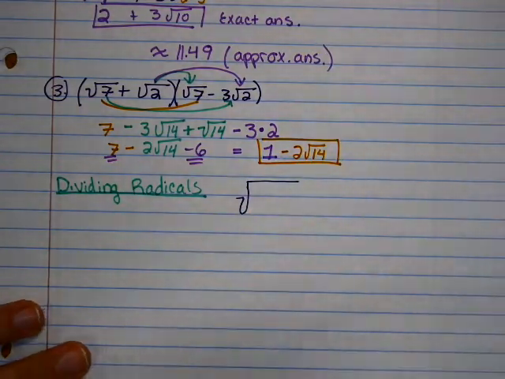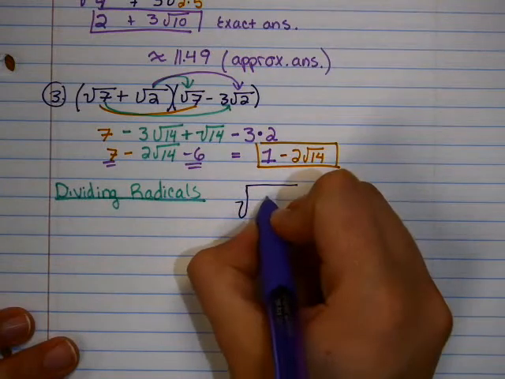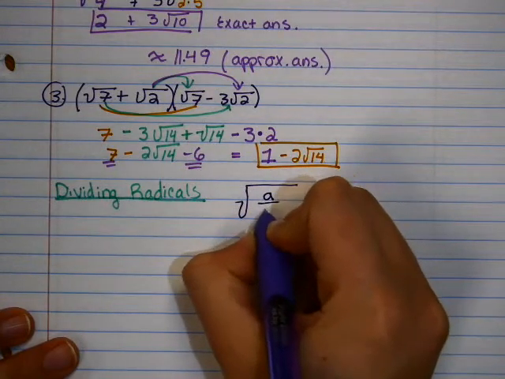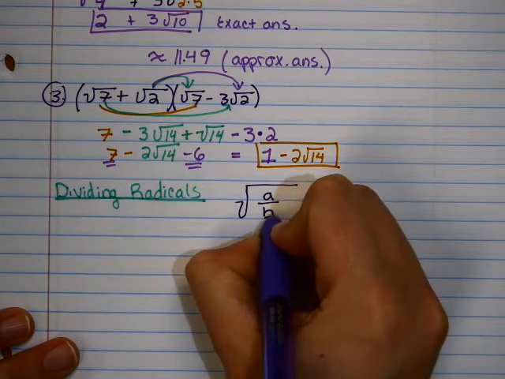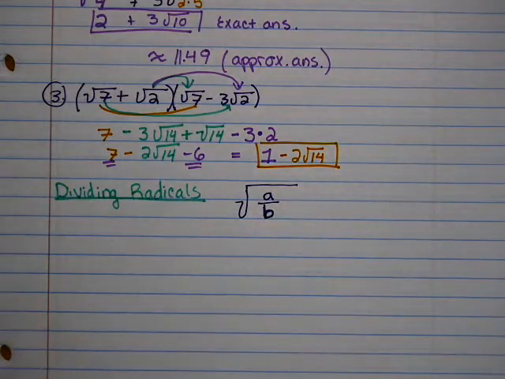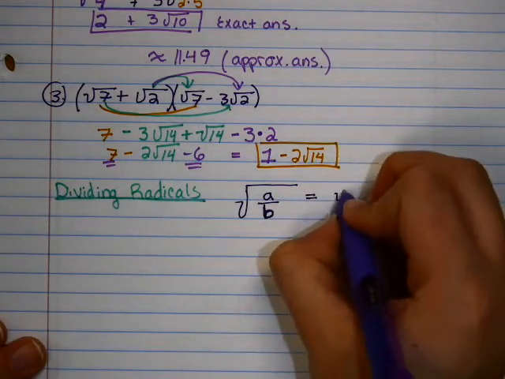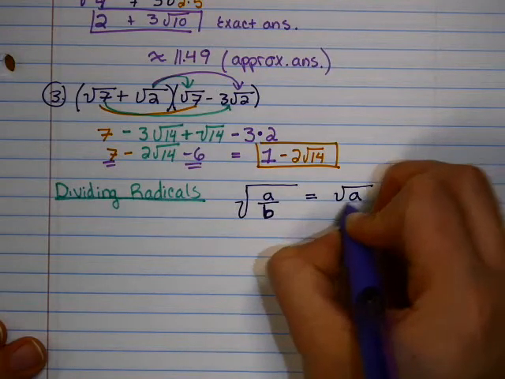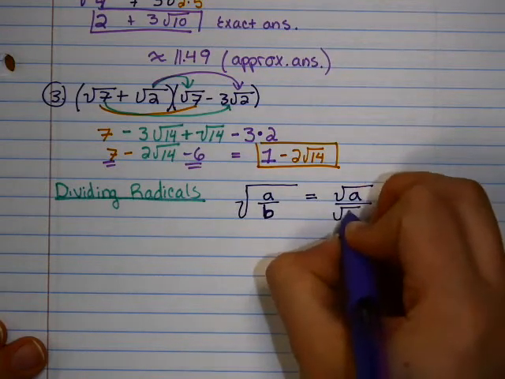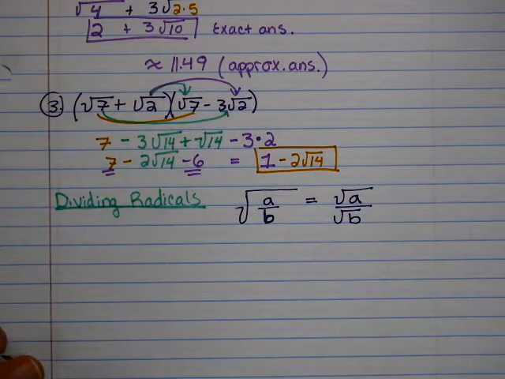So if I have a ratio or a fraction underneath a radical, right? So if I did a divided by b and took the square root, it's the same thing as taking the square root of a over the square root of b.